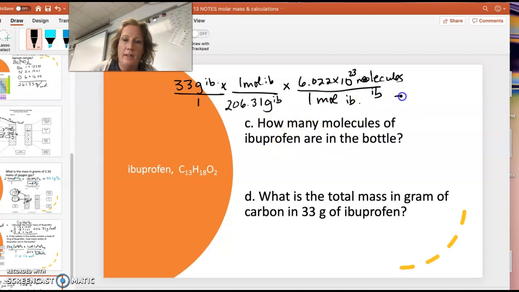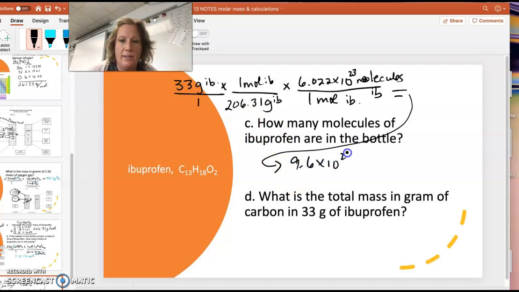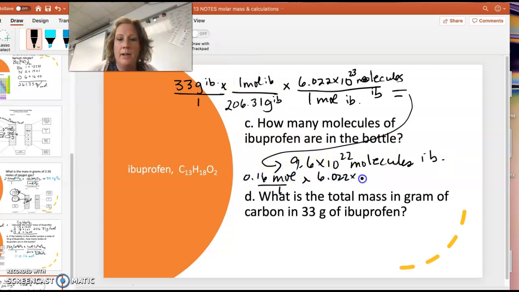So when I calculate this with 2 sig figs, my answer is going to be 9.6 times 10 to the 22nd molecules of ibuprofen then in that bottle. But like I said, you could have started with 0.16 mole and gone just that one step, and you would have gotten the same answer. So either way is fine with me.